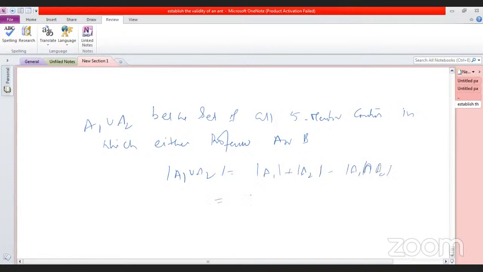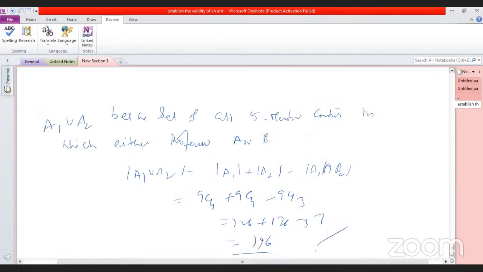That is 9C4 plus 9C4 minus 8C3, which is 126 plus 126 minus 56, giving a total of 196. This is our answer.